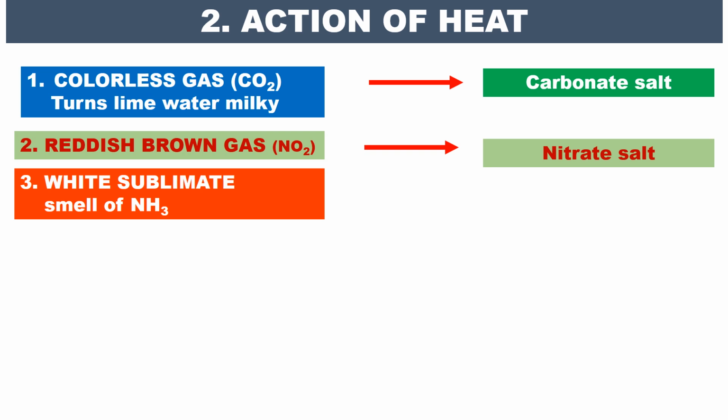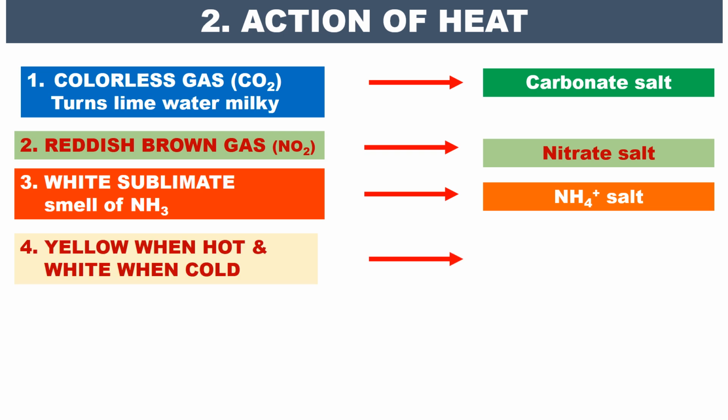And if you heat your substance and you get a sublimate, that is, a precipitate around the top of the test tube, with no precipitate at the bottom, called a sublimate, with the smell of ammonia, then it is due to the presence of ammonium salt.